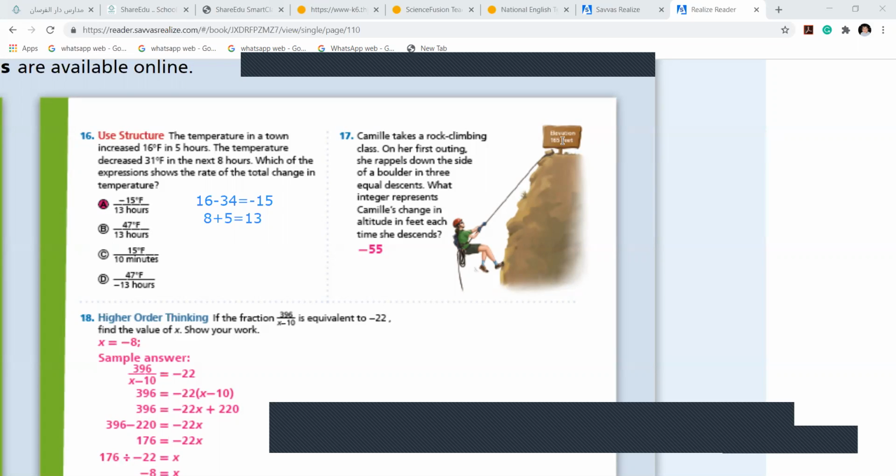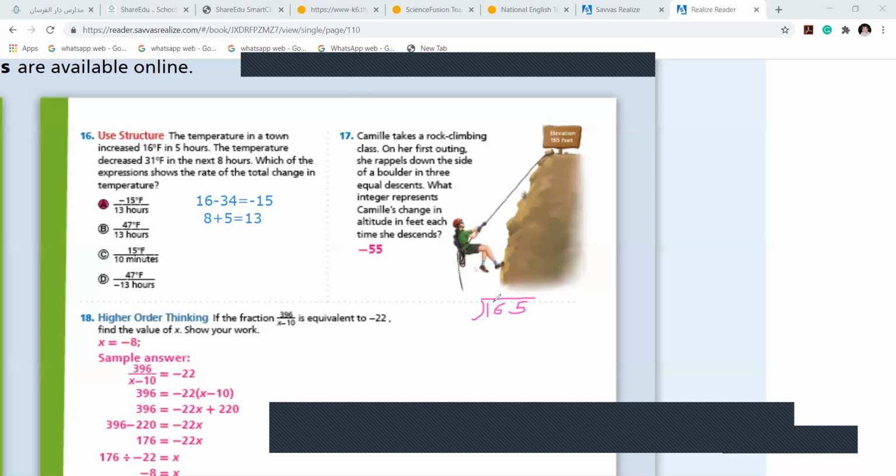It's not clearly written on my screen. Miss, it's written here. 3 equal descents. On the hill, how many feet is it here? 165 feet. So they said 165.